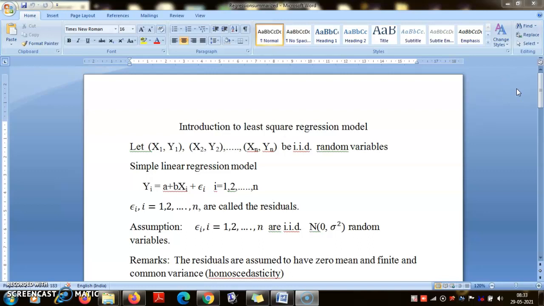Now corresponding to xi, the observed value of yi may or may not be on the straight line. So the deviation of yi from the value on the fitted straight line, that is a plus bxi, is the error component. We call it the residual. So the residual is simply yi minus a minus bxi.